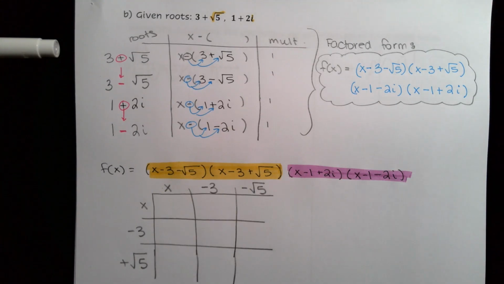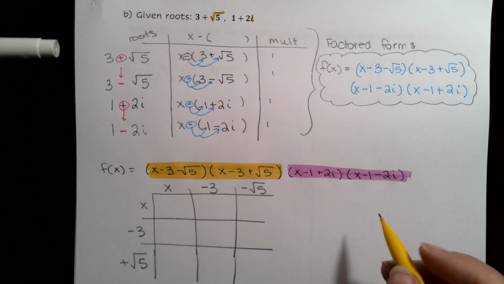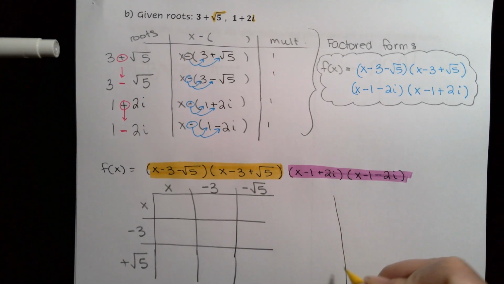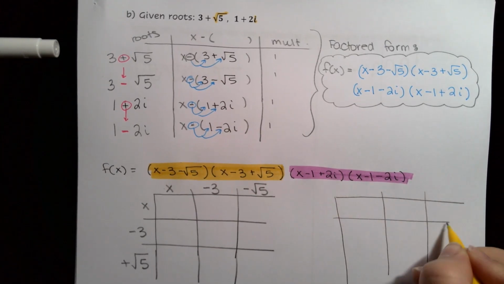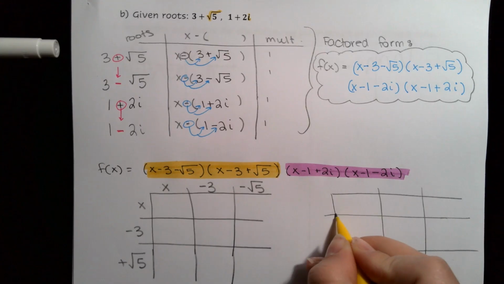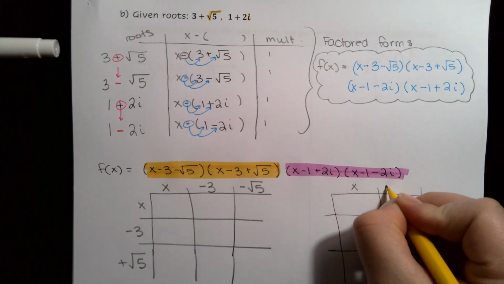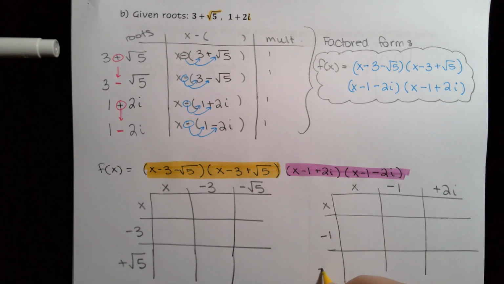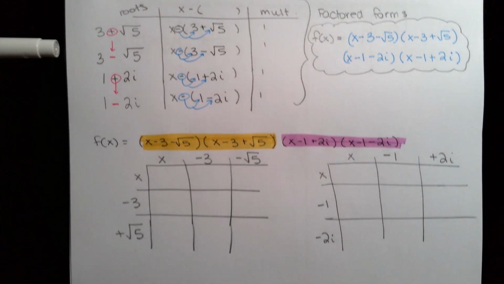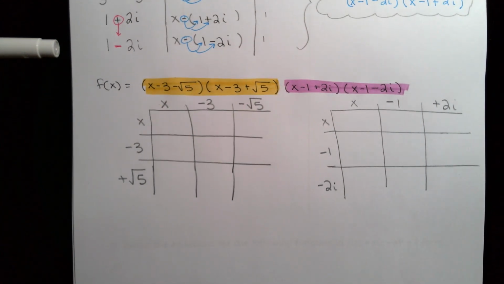Again, trinomial times trinomial. And the reason I'm choosing to use box method is to organize my thoughts. x minus 1 plus 2i, x minus 1 minus 2i. We're going to go ahead and multiply these.